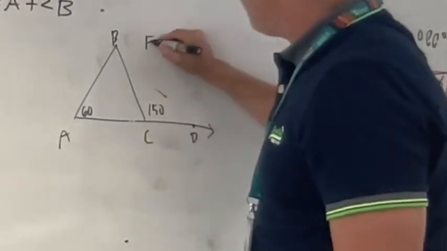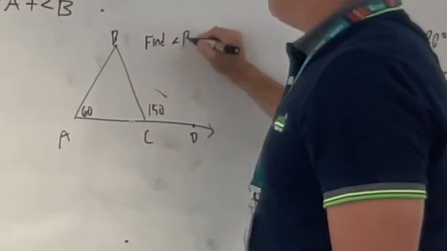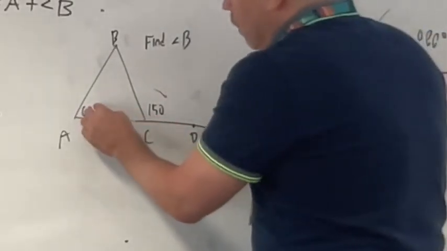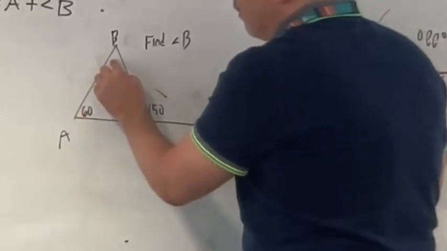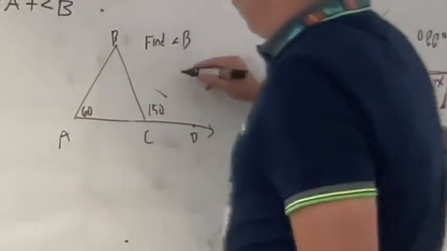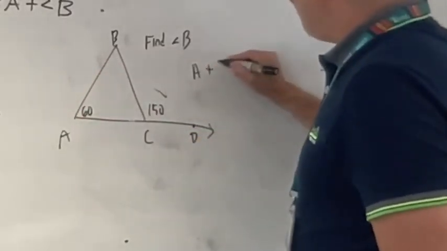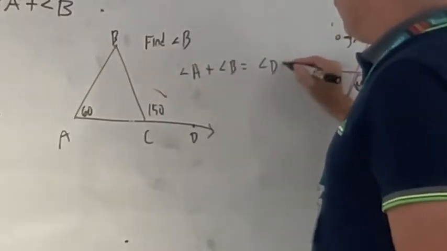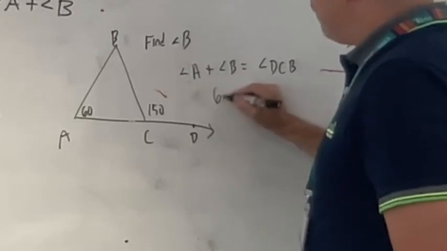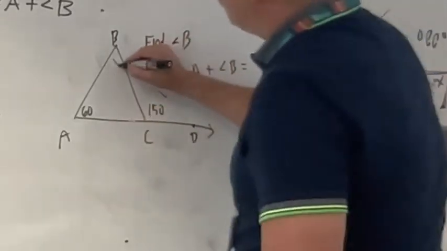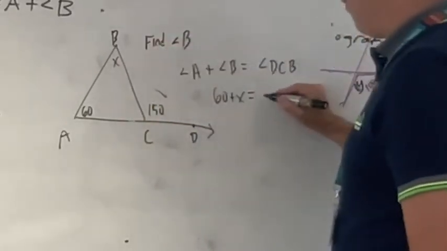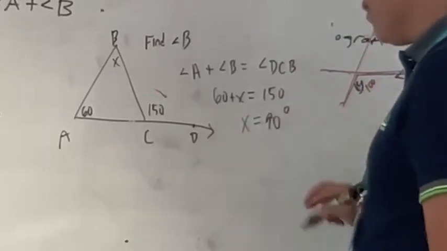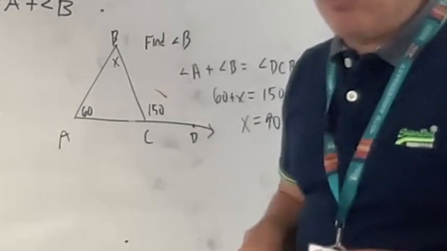And the question is, find angle B. And you say, no problem, Mr. Adler, because the two remote interiors, so this is angle A plus angle B, is equal to angle DCB. 60 plus, let's call it X, equals 150. X equals 90 degrees.